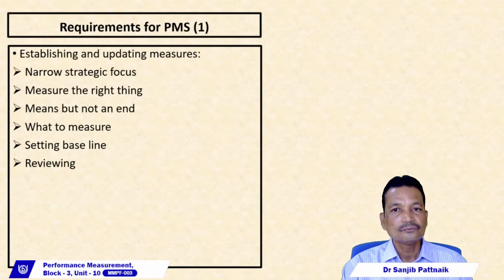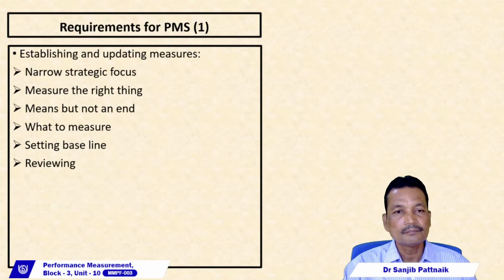Now, let us look at the requirements of the performance management system. That one represents the first one. The first thing we require is establishing and updating measures.